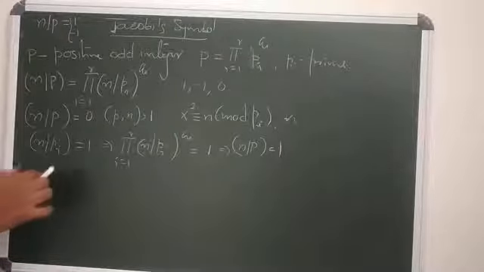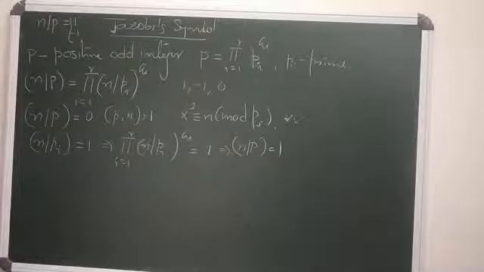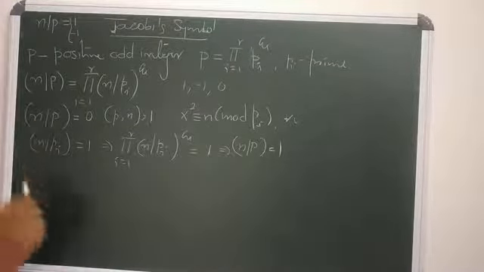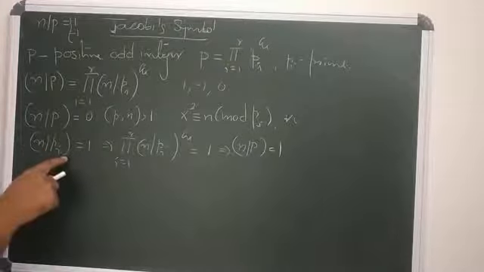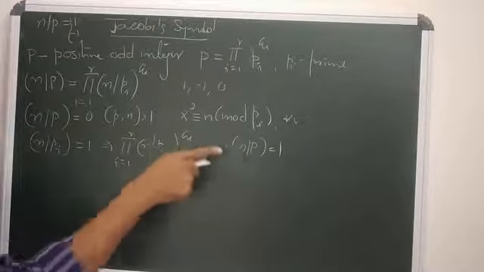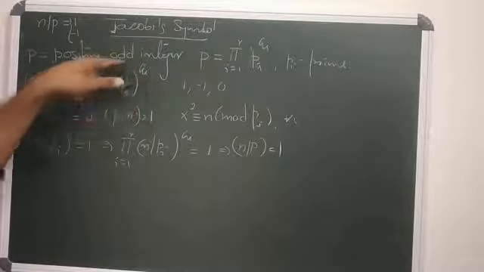So when (n/p_i) equals 1, surely (n/p) equals 1. But the reverse need not be true. When (n/p) equals 1, it need not be true that (n/p_i) equals 1 for all i, because it depends upon the powers.